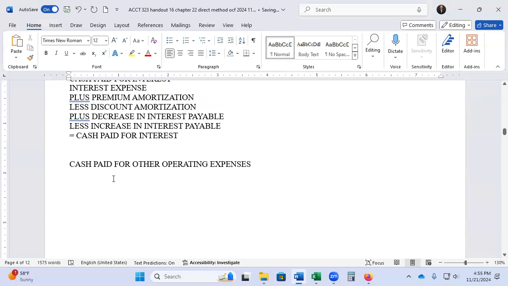This one, cash paid for other operating expenses. So you start with other operating expenses, if applicable. You subtract bad debts expense.